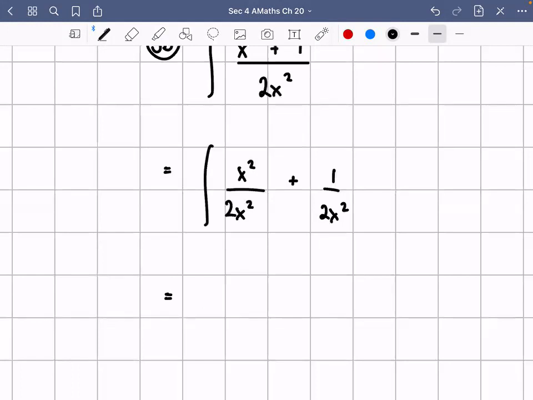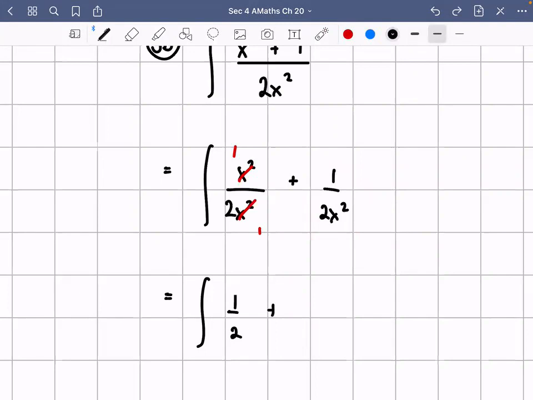So your new question is, this thing here becomes 1 half, because this and this gives you 1. And then plus, how do you rewrite this? It becomes 1 half, but let me remove the 1.